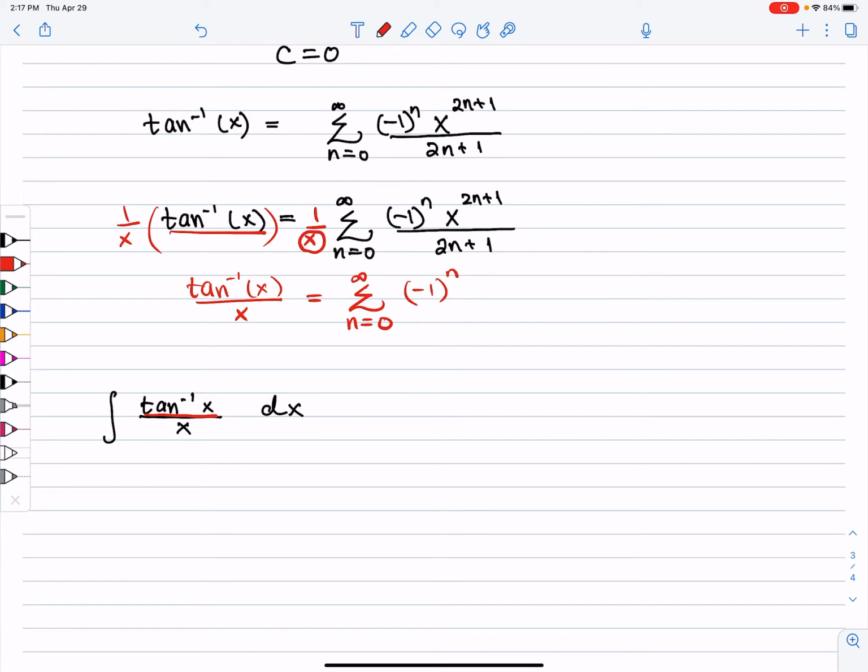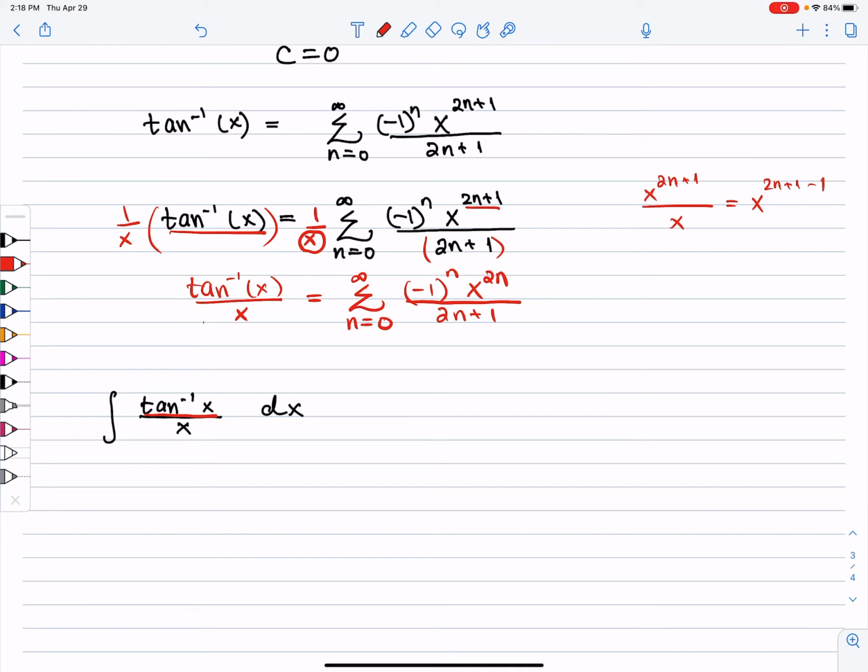When you move it inside of your series, then you have x to the 2n plus 1 over x. So that will give us an x to the 2n over 2n plus 1. Again, the idea is that you have x to the 2n plus 1 over x, and that's x to the 2n plus 1 minus 1, which gives you that x to the 2n.